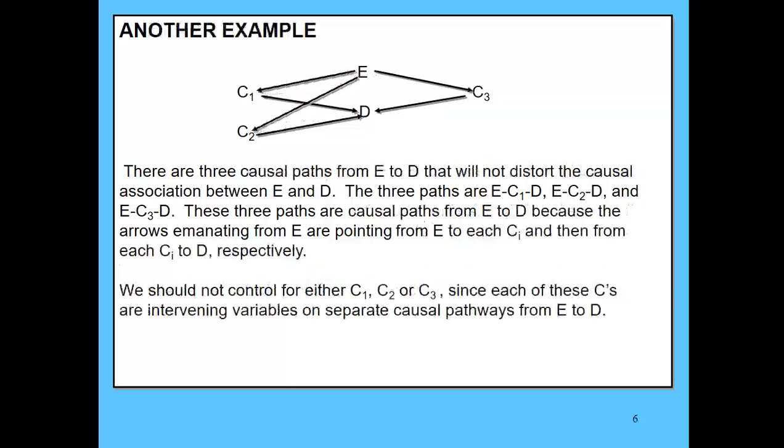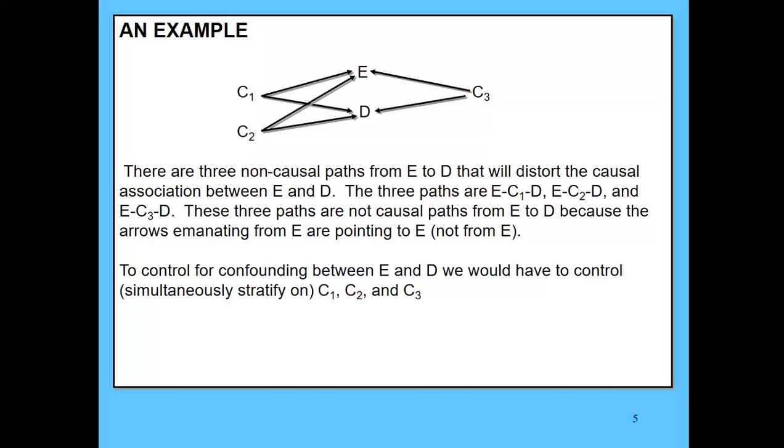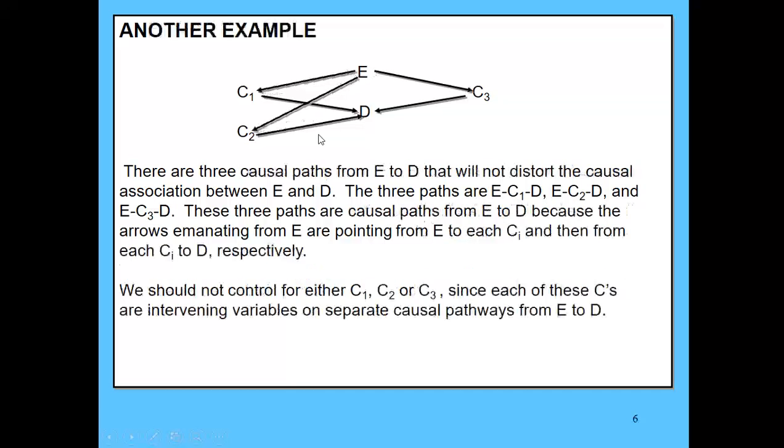Now, instead, if you had this, what does this say? Well, did I say this right? Let me just see. C1 goes to E, C2 goes to E, C2 goes to D. Okay, what about the next one? E goes to C1 goes to D, right?